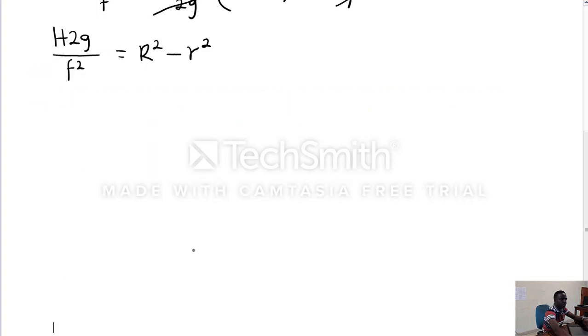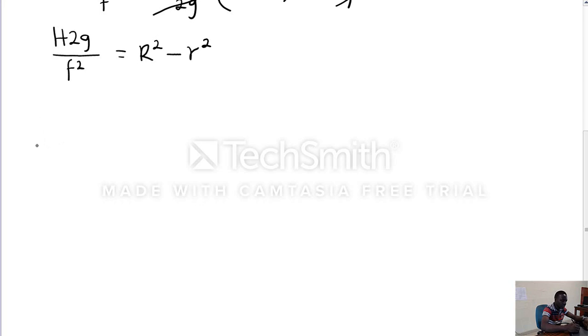Okay, so having done this, we are to make small r squared, or small r, the subject of the formula. And what do we do to make it the subject of the formula? Since it is negative on this part, I'm going to move it to the left hand side by saying add r squared to both sides.